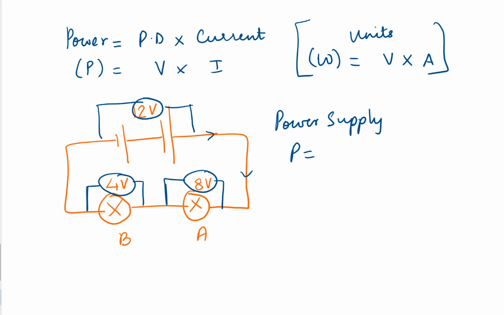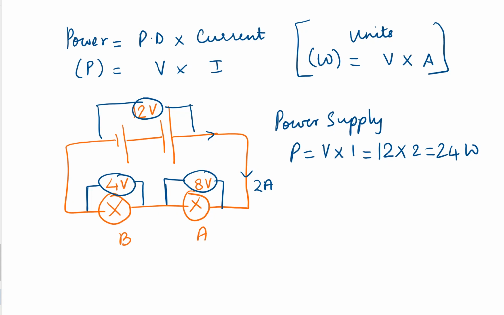Power is equal to PD into current. PD is what? V into I. How much is the potential difference? It is 12 volts. After calculations, if I tell you there's a 2 ampere current in the circuit, it will be 12 into 2, which is equal to 24 watts. So the power of the power supply is 24 watts.